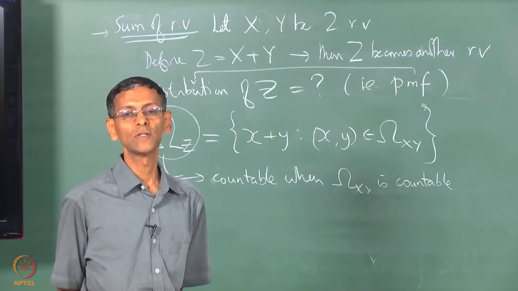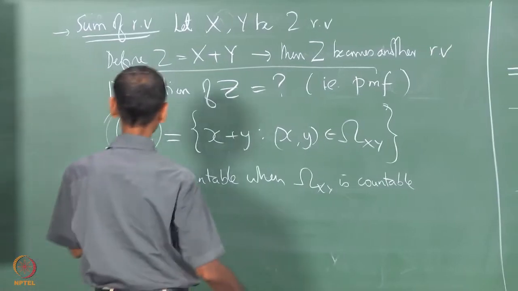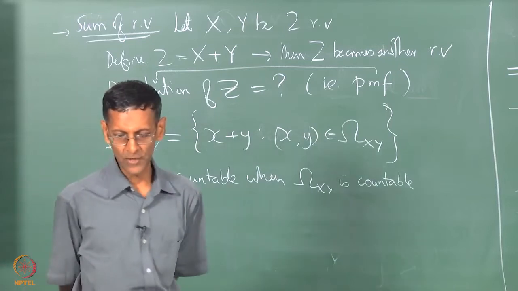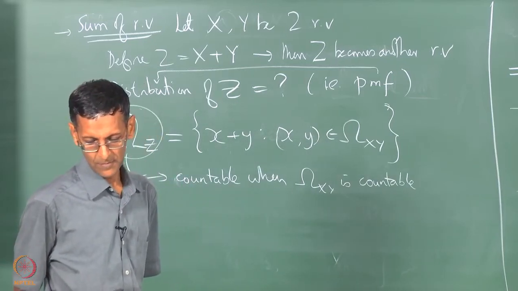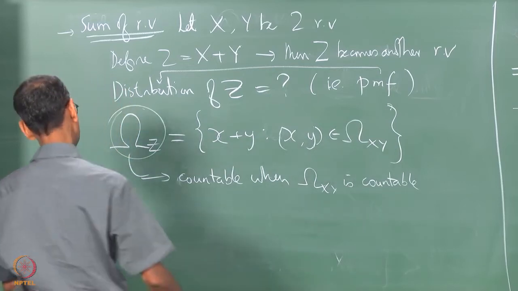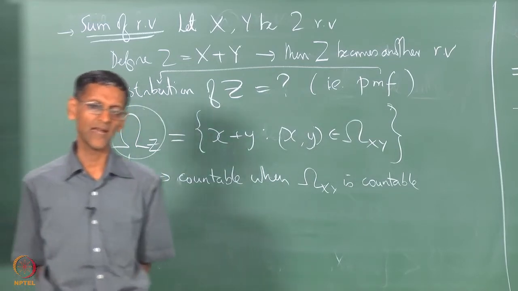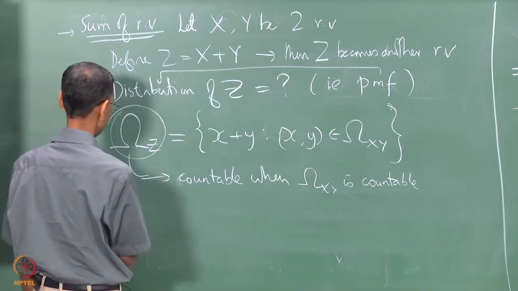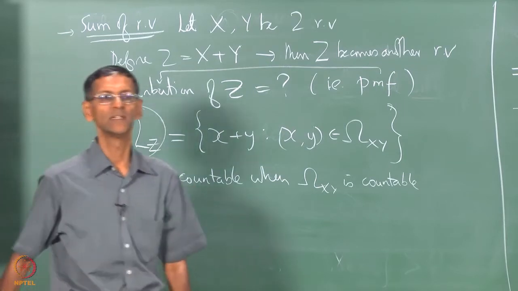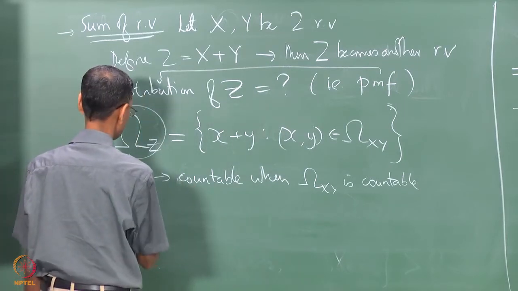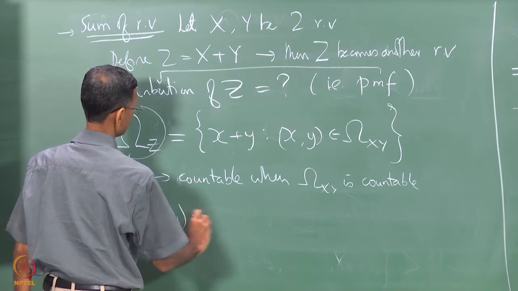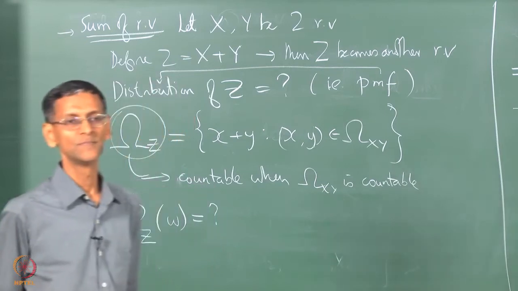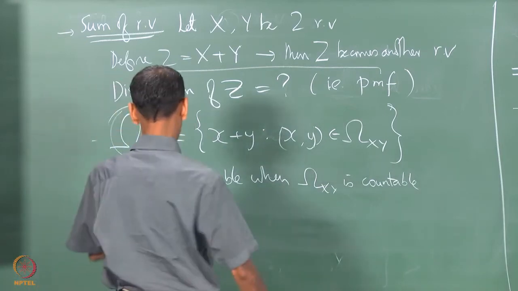So how do I write out the PMF now? Just to introduce some variety, if I want to look at Pz of, let us say, w, instead of putting z, the problem with the letter z is that it is very difficult to distinguish between lowercase and uppercase. So let us force a distinction and put the argument as w and not as z, which is the whole reason for introducing this notation.